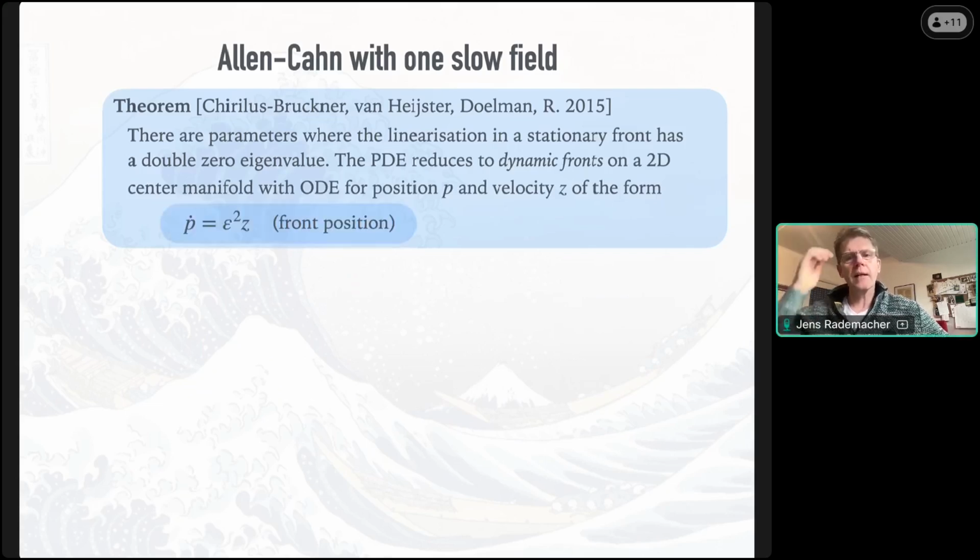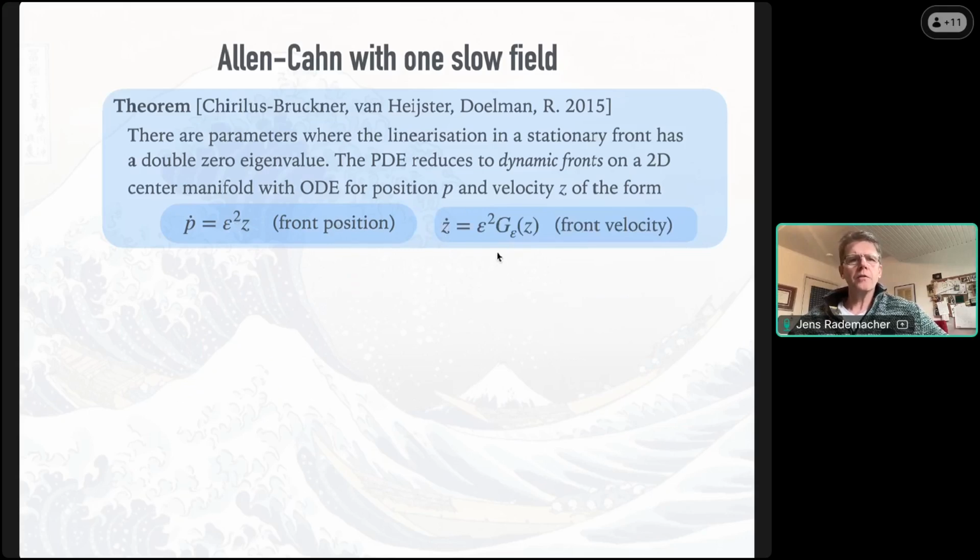And because of the symmetry, again, there's a special way in which this is appearing, namely, we have this equation for the front position, and the z here is then meaning something like velocity, right? A scaled velocity. And the z component solves an equation of this form, which does not depend on p again.